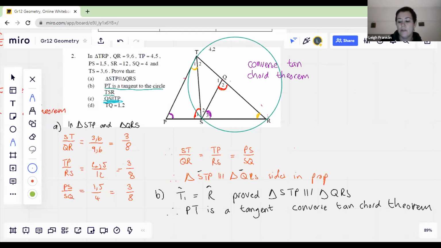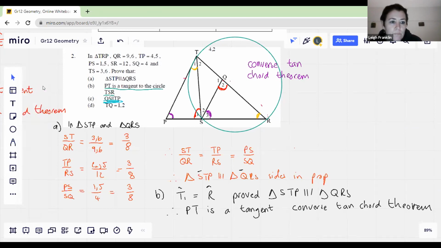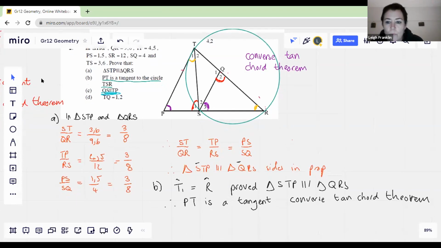Now this goes back to our second lesson, because we've had 4 lessons now. And now you're going to see how the converse of the proportionality intercept theorem comes into play over here. So, starting with question C.